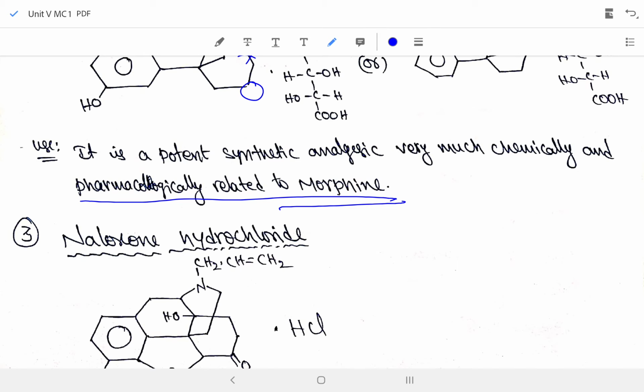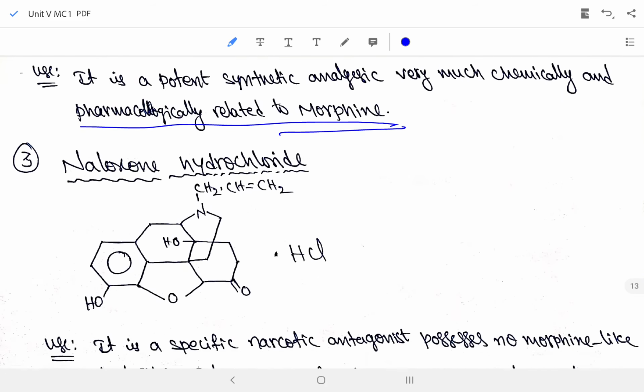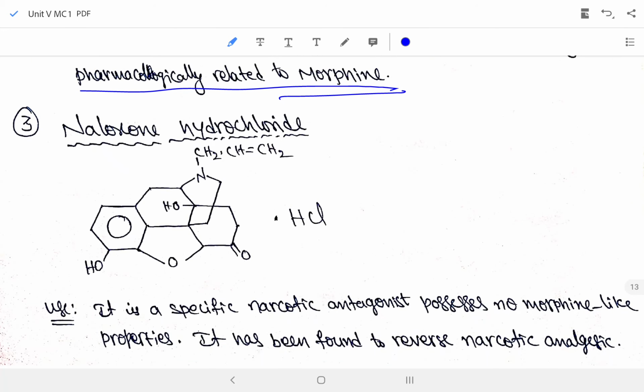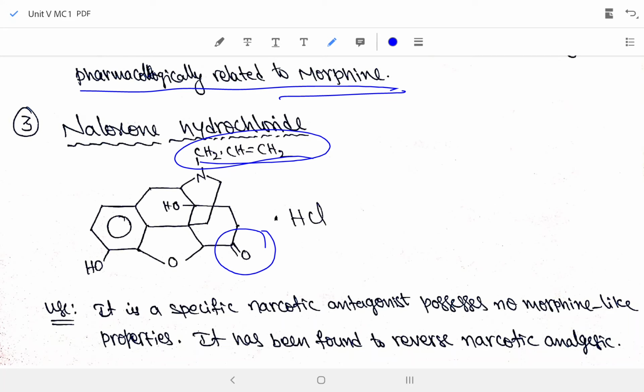Then the last drug is naloxone hydrochloride. If you see the structure of naloxone hydrochloride, it is also similar to the earlier structures because the morphine skeleton is the basic one, and this allyl substituent on nitrogen is the same. Here there is a C=O instead of the OH in nalorphine, but there is no OH in levallorphan.